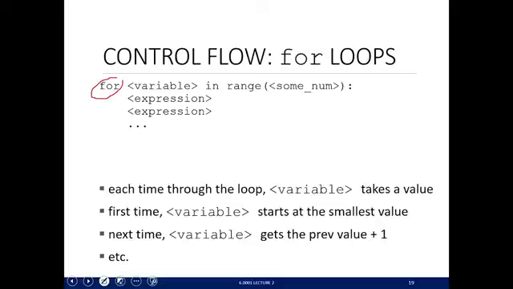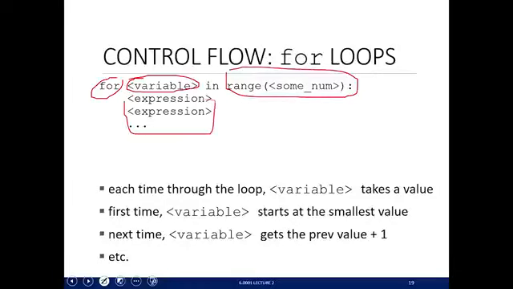So this is the general look of a for loop. So we have for some loop variable. Again, can be named whatever you want. In range some number. Do a bunch of stuff. And again, these are part of this for loop code block, so you should indent them to tell Python that these are the things that you should do. Okay?